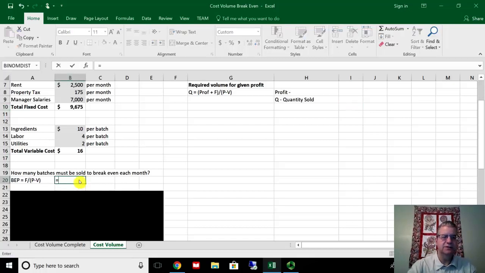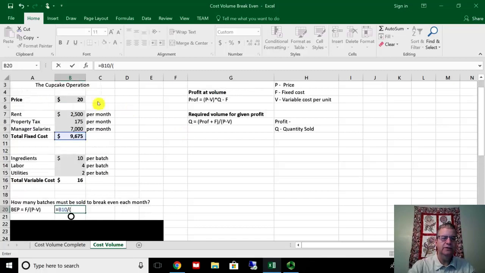So I'm going to say it's the fixed cost, remember there was our fixed cost, divided by our price, $20 a batch, minus our variable cost, $16 a batch. And what does that tell us?